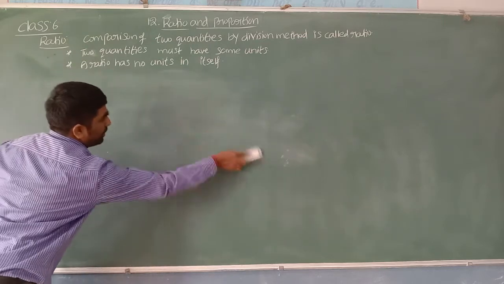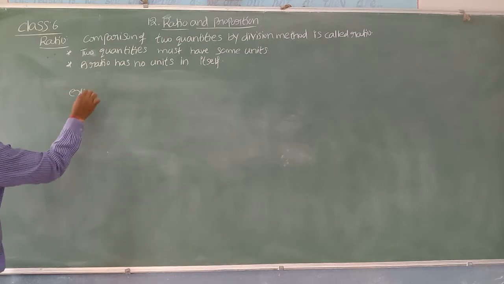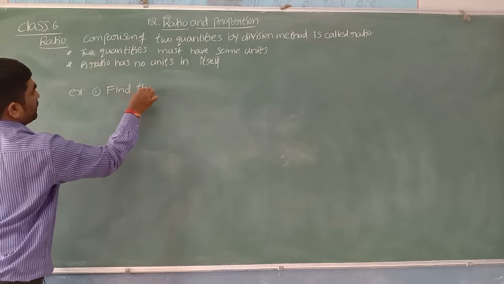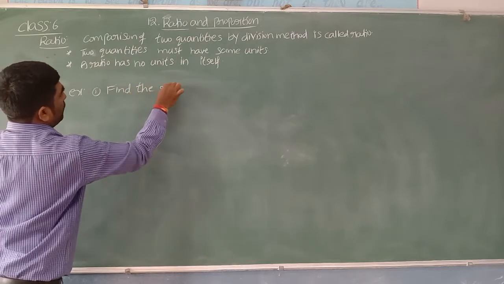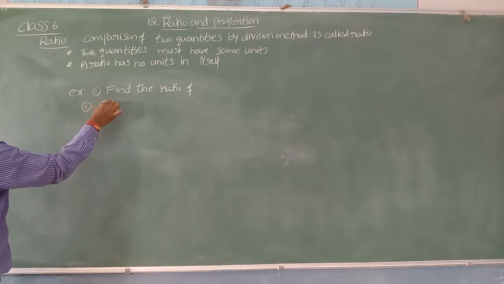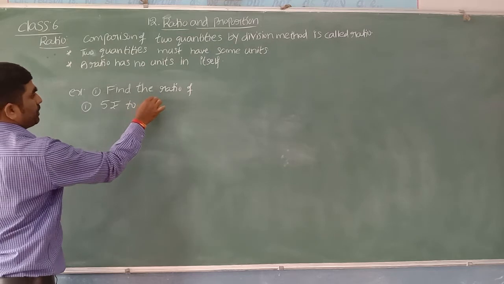Here, let me take the example. Find the ratio of: the first one is 5 rupees to 25 paisa.